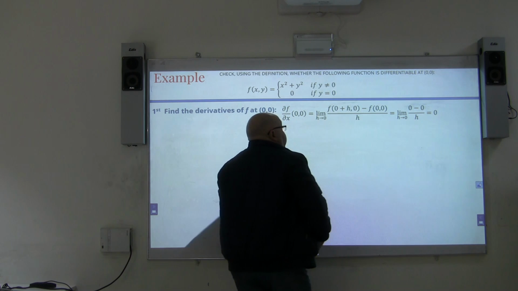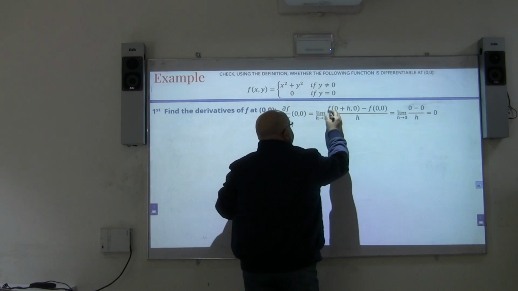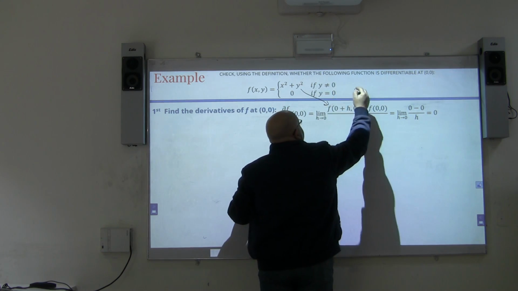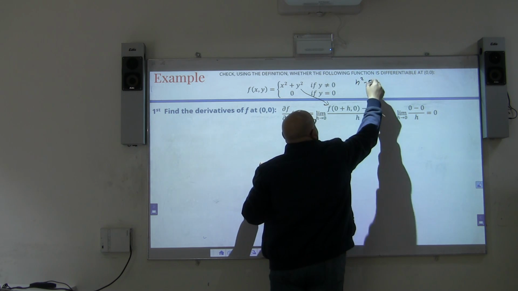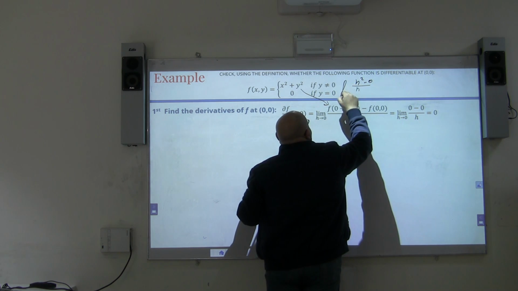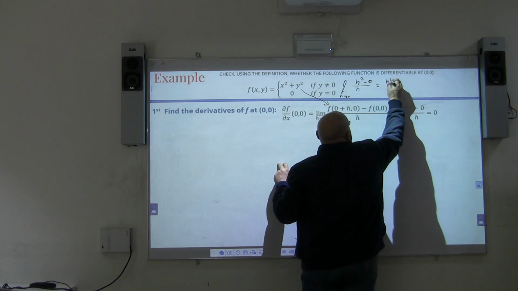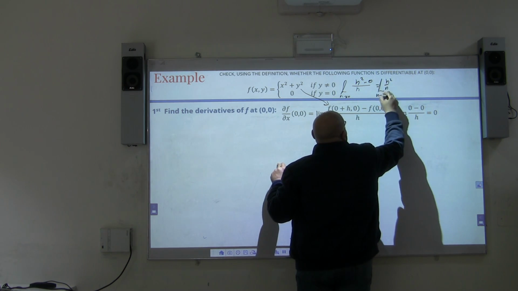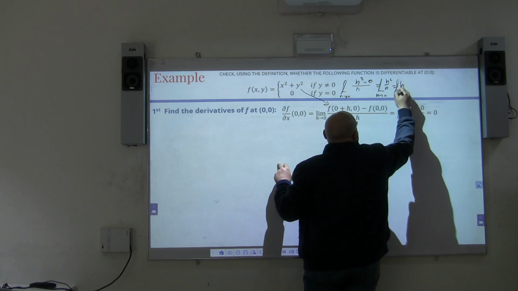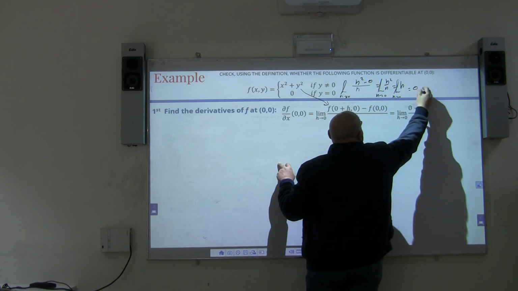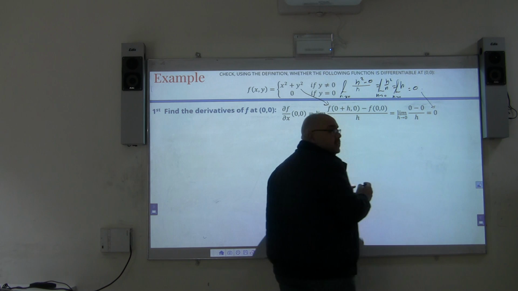So it's going to be h squared minus 0 over h, limit h tends to 0, which is h squared over h, which is h, limit h tends to 0, which is going to be 0. This is the result that you can see.